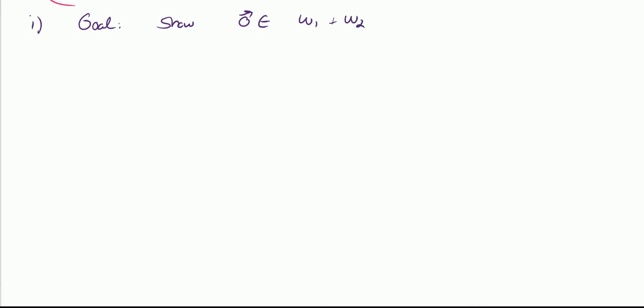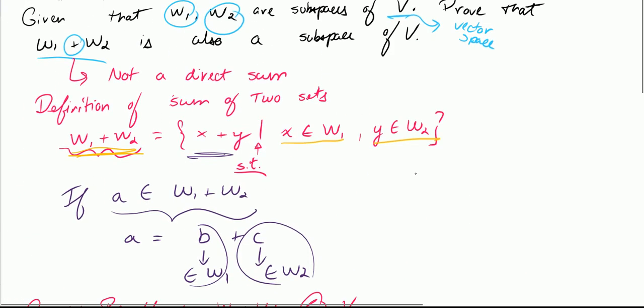Now, what I can say is, since W1 is a subspace of V, because this is given in the question, it says given that W1 and W2 are subspaces, so we're assuming that's true, it's given to us in the question.